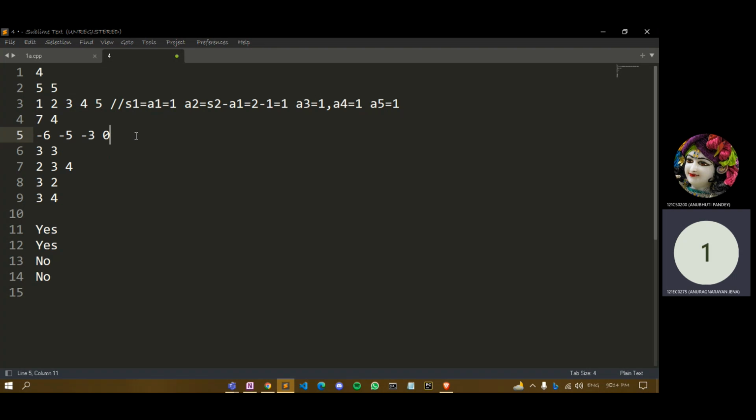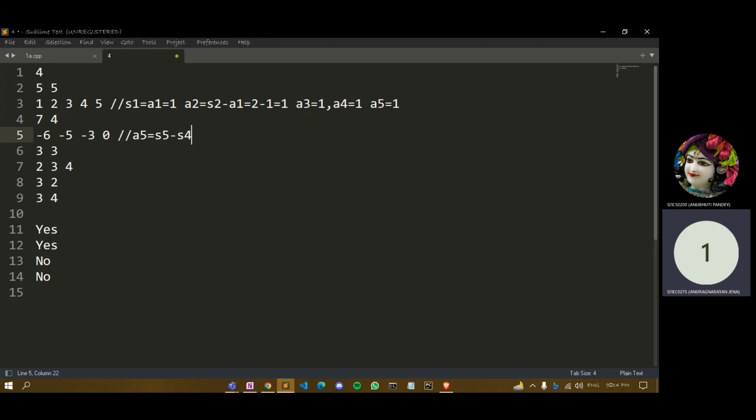Then we can see the second test case, where you are given the last four terms of the prefix sum array. Here we can get A of 5 as S of 5 minus S of 4.